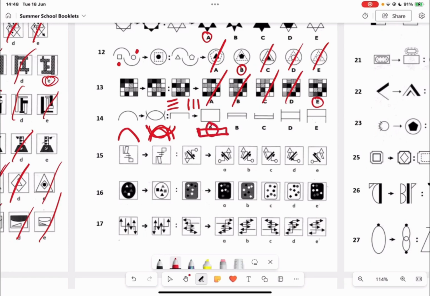Then for question 15, we are looking at a shape reflected in the x-axis.